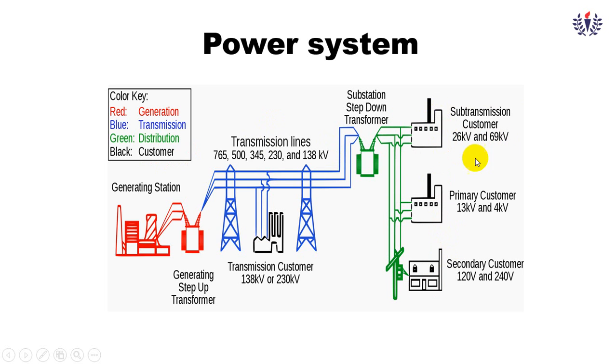All of these are consumers, shown in black. Some consumers will be using 26 kV or 16 kV. Second type of primary consumers will be using 13 kV or 4 kV, maybe 11 kV also. Finally, secondary consumers, that is us, will be using either 230 volt, 440 volt or 120 volt. In India, we are not using 120 volt, we use 240 and 440 volt.